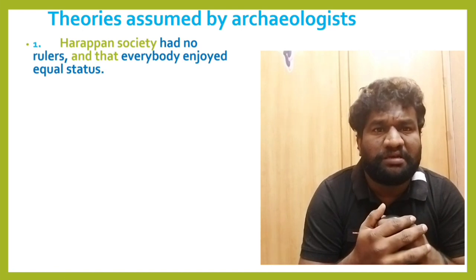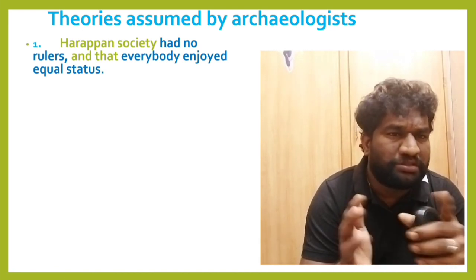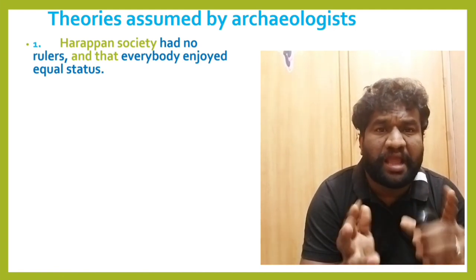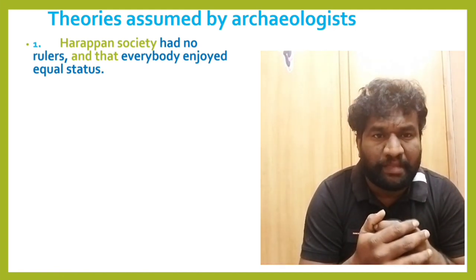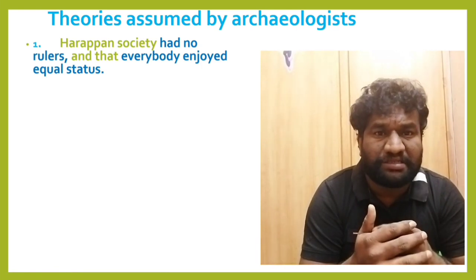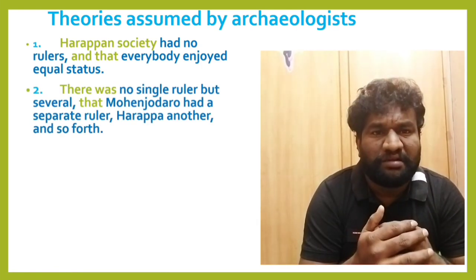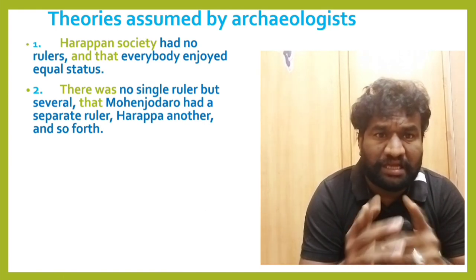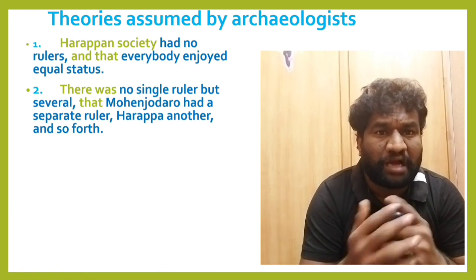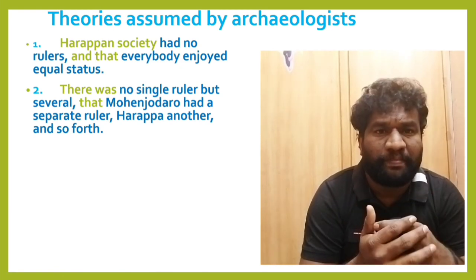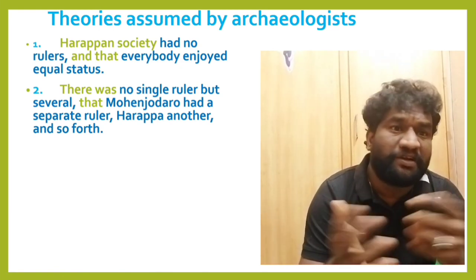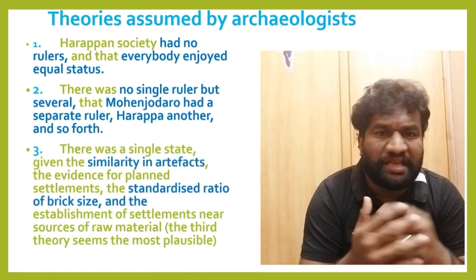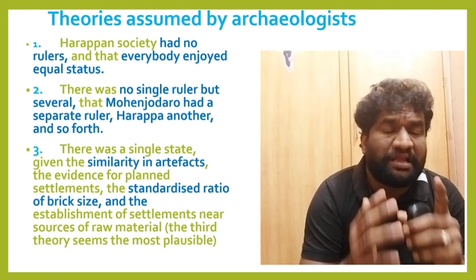First, Harappan society had no rulers, and everybody enjoyed equal status. Second, there was no single ruler but several rulers: Mohenjo-daro had a separate ruler, Harappa another, and so forth. Third, there was a single state, given the similarity in artifacts.